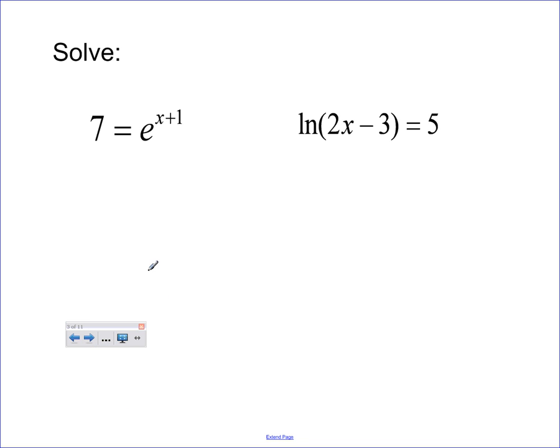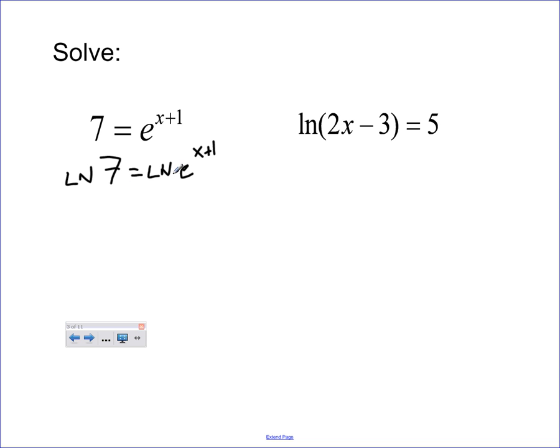We use that to solve some simple problems about using natural logs and e's. So if I want to solve the equation 7 equals e to the x plus 1, how do I go about it? I use the powers of logarithms. I take the natural log of both sides. I can do that because if I do something to one side, I do it to the other. The natural log of 7 is just some number, which is fine.